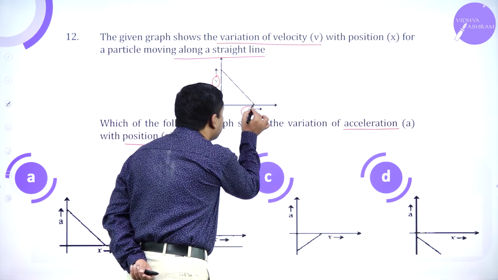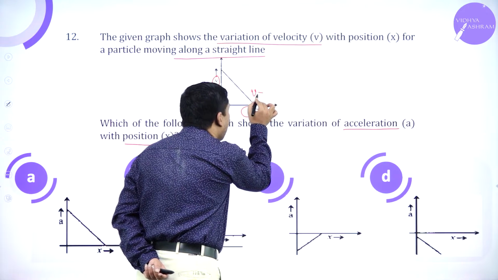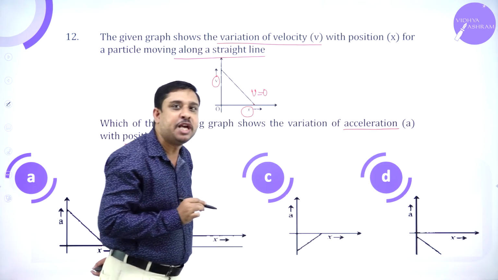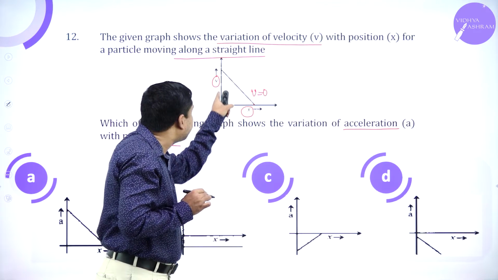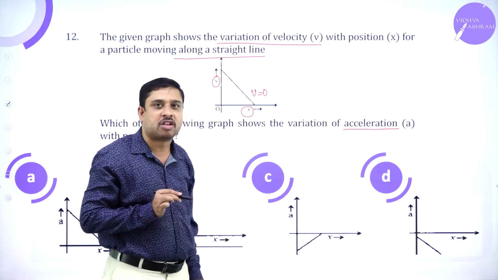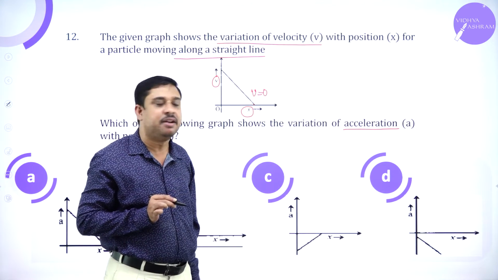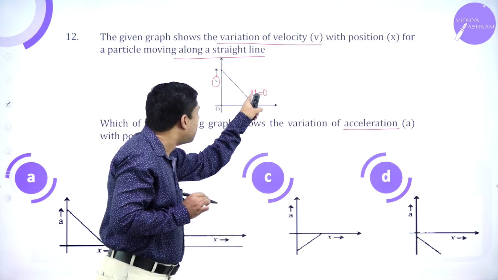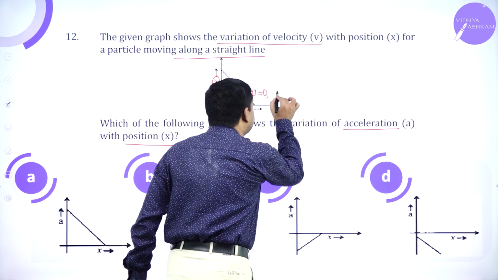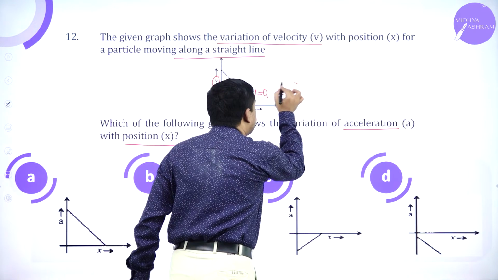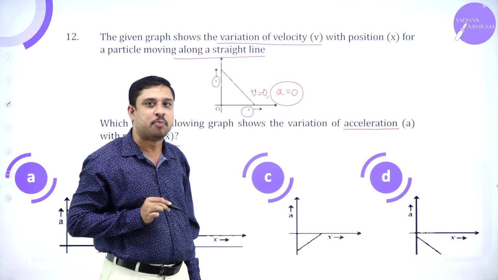Observe this point. At this position x, velocity becomes 0. At the origin, the particle has maximum velocity. It decreases along a straight line, and at x, the velocity becomes equal to 0, which also means at x, the acceleration of the particle has to be 0.